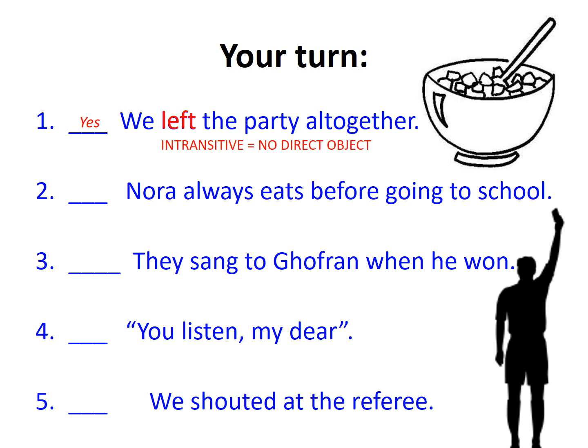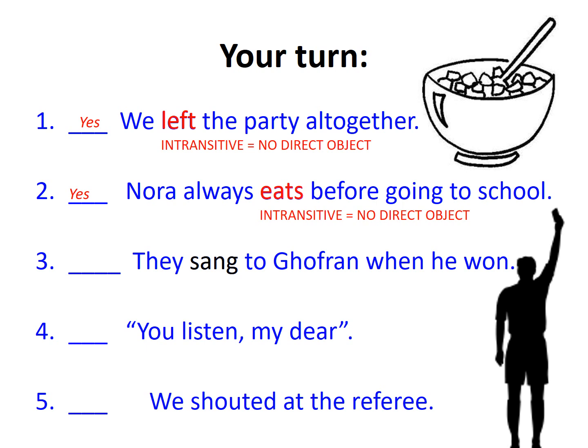Nora always eats before going to school. Eats is also an intransitive verb. No one else is affected by this except Nora, and she's already been mentioned in this sentence, so it's definitely an intransitive verb. They sang to Goffran when he won.